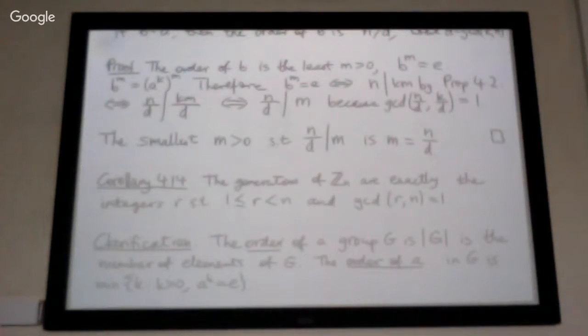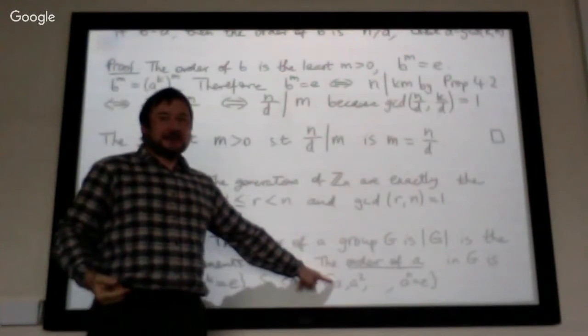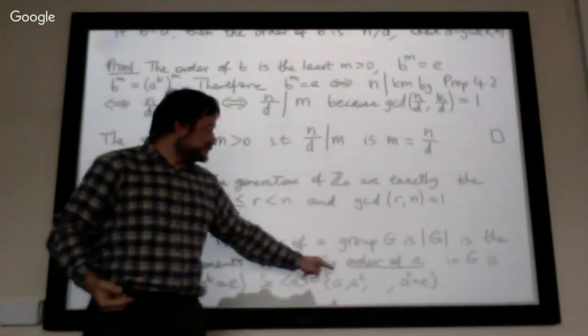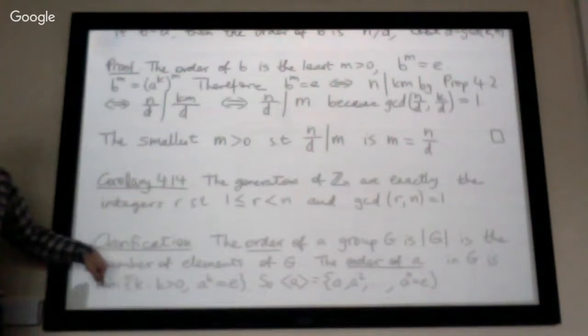So the subgroup generated by a is a, and so on, up to a to the order, which is the identity, and then if you continue powering, you get back to a, provided that it has a finite order.